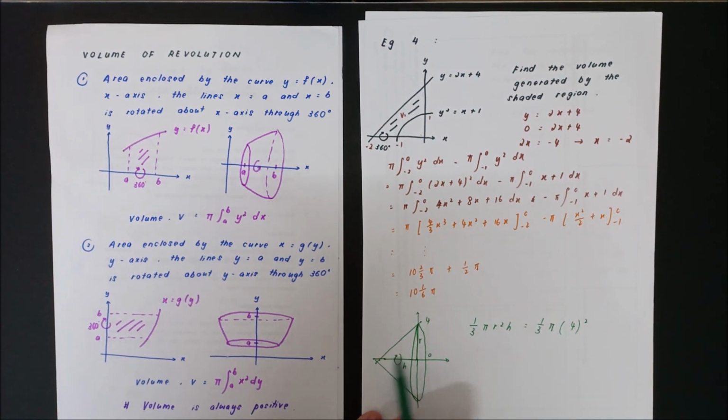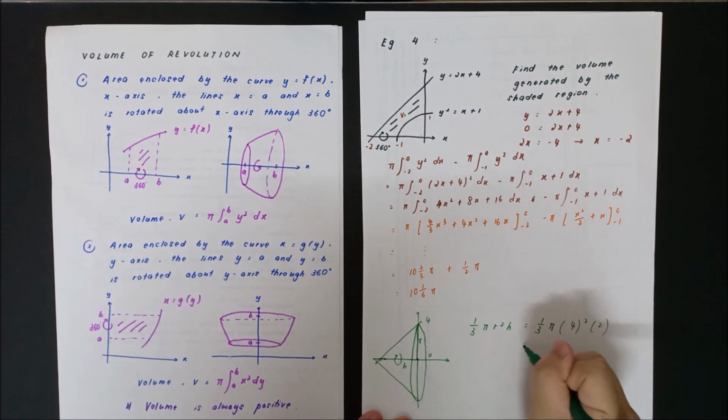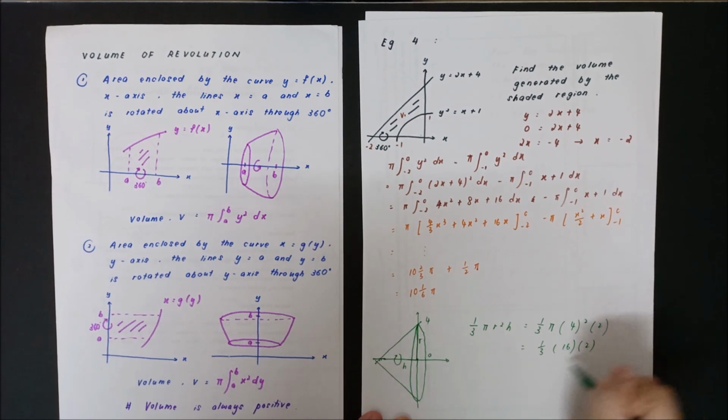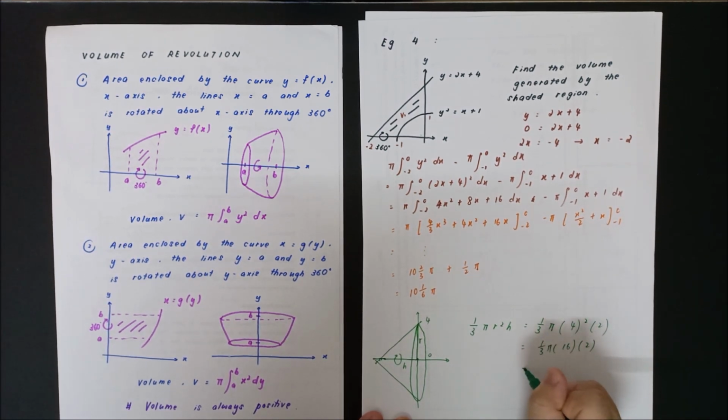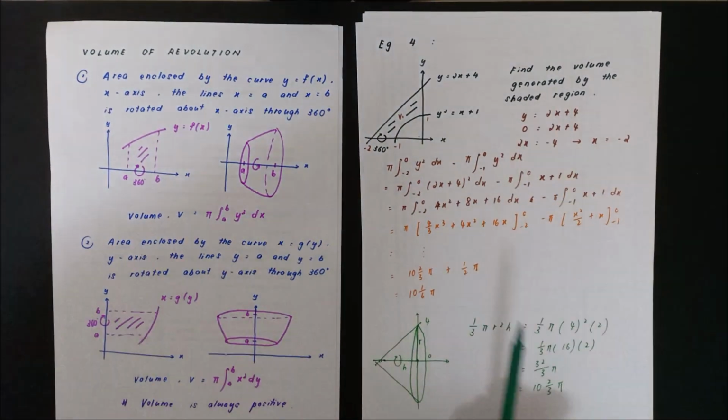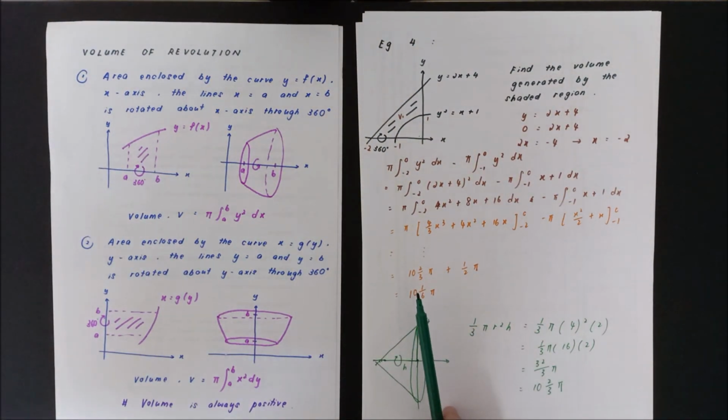Your H is this part, from 0 to -2, so that's 2. So 1 over 3 times 16 times 2, and you have a pi here. After that, you are getting 32 over 3 pi, which is exactly 32 over 3 pi from before. So this is how you get to this. It's the same as your V1 here.